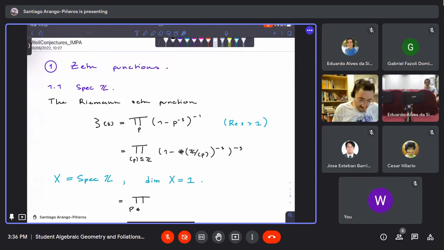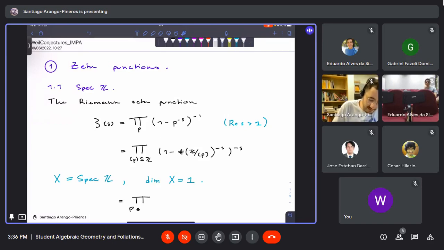You have probably seen the Riemann zeta function before, defined to be the sum of reciprocals of the integers to some complex power. And the fundamental theorem of arithmetic is equivalent to the fact that you can actually write it as an infinite product over the primes.